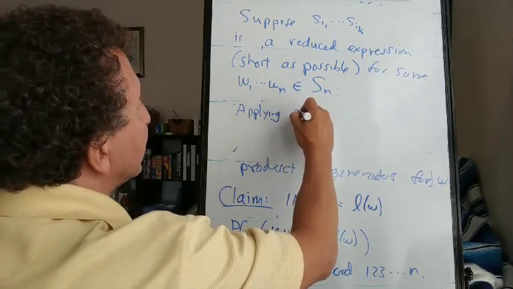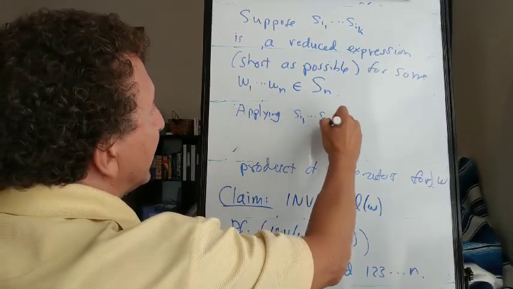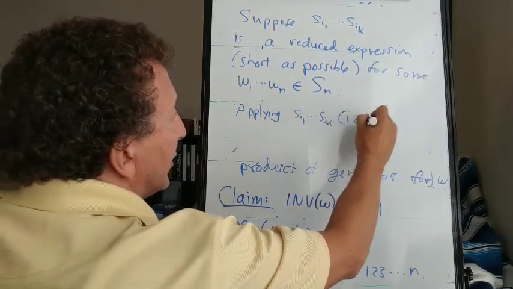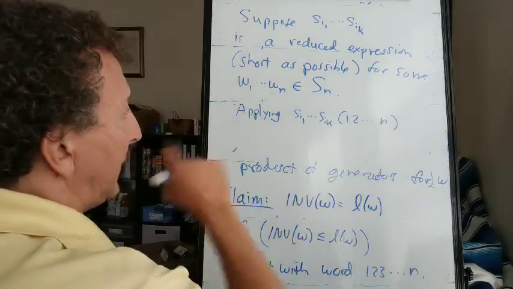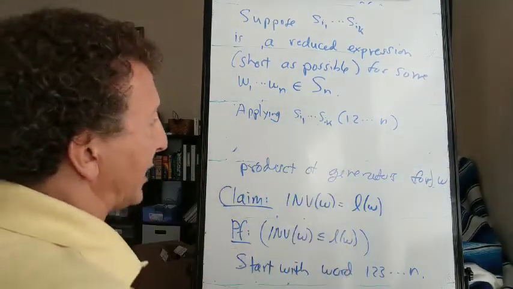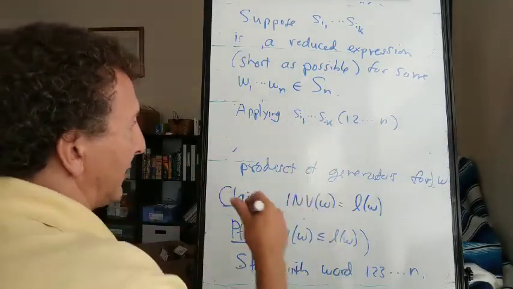So we apply S_i1 through S_ik to the word 1 through n, S_ik first and then S_i(k-1), etc., working from right to left.